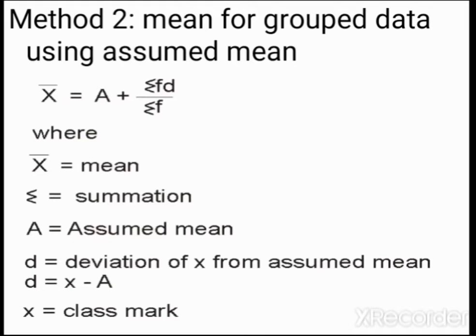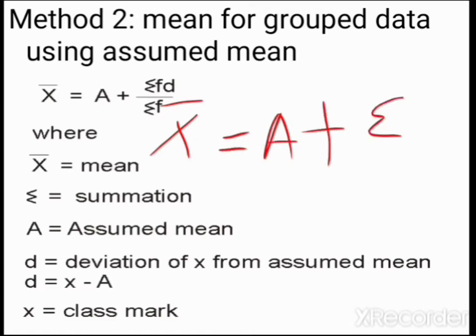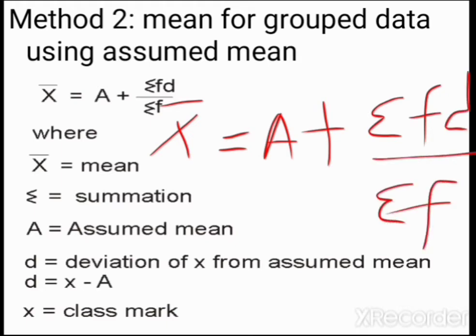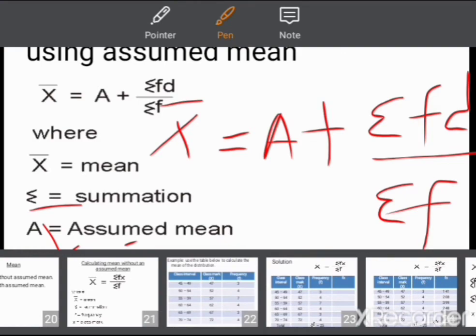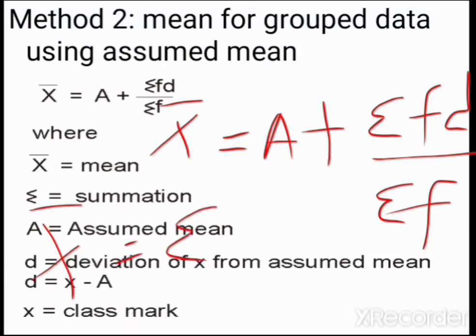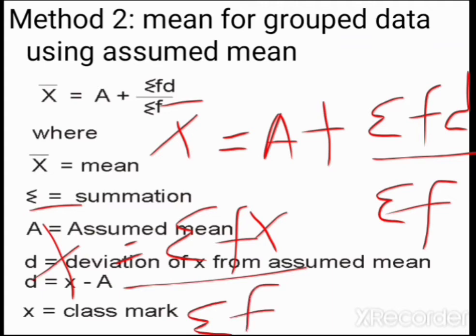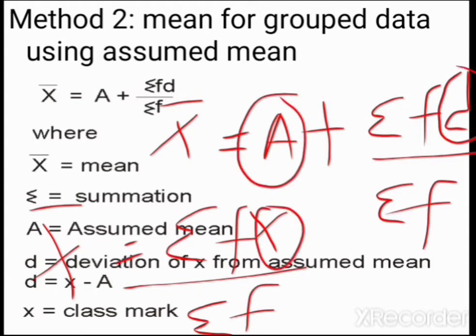The formula for the mean using an assumed mean is that the mean is equal to A plus summation FD all over summation F. Now, if you look at the formula of the mean without assuming, the mean is equal to summation Fs all over summation F. What has changed in this formula is that D was used to replace S, then A was added to the equation.